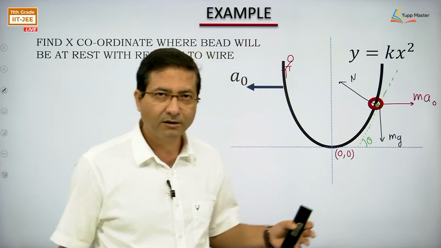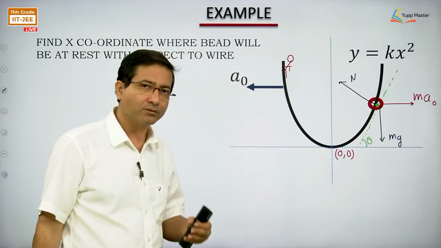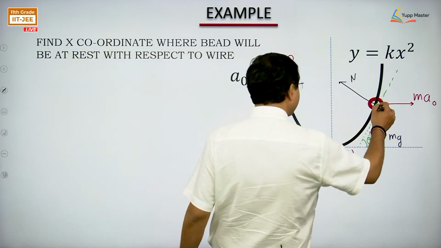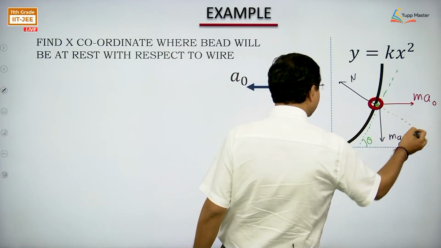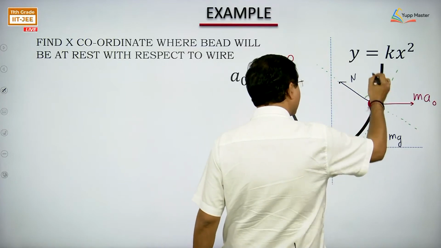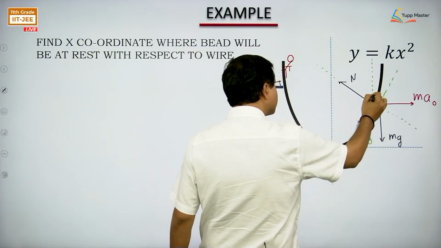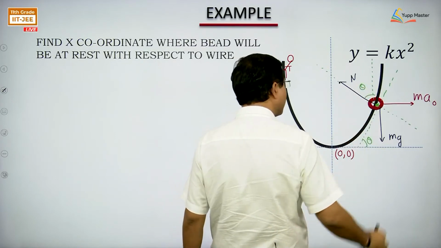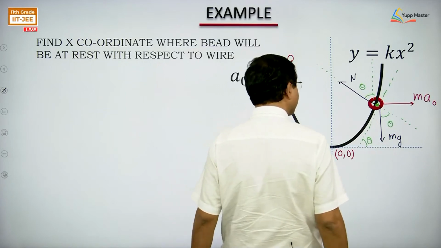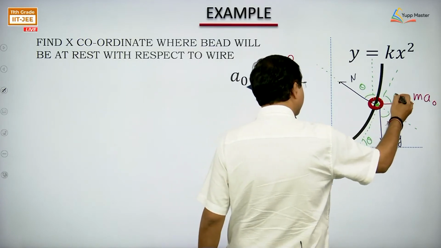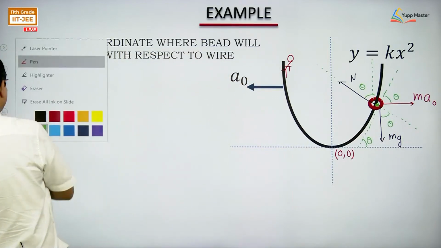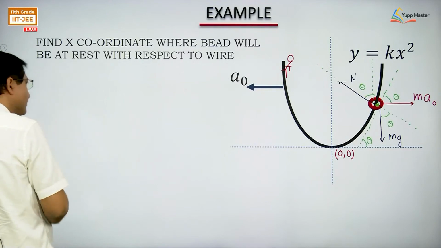In all the directions he will apply Newton's first law because he is not going to observe any motion. Okay. So if this angle is theta, this is normal, right? With vertical this angle will be theta, and this angle is theta. If this one is theta, this is also theta. So all the angles I know, I'll resolve all the forces along and perpendicular, right?